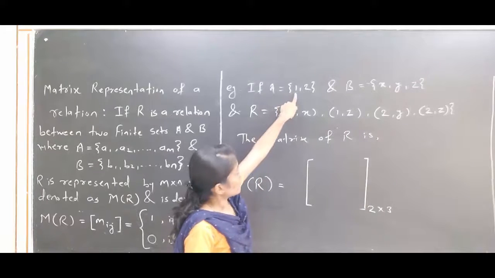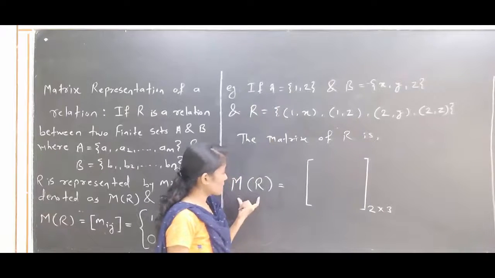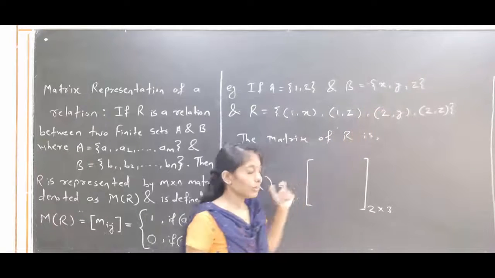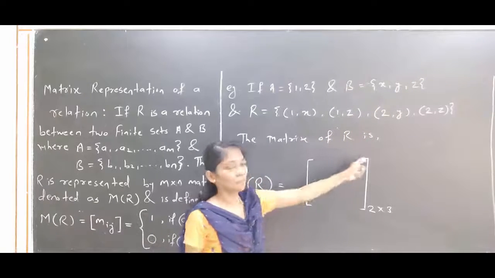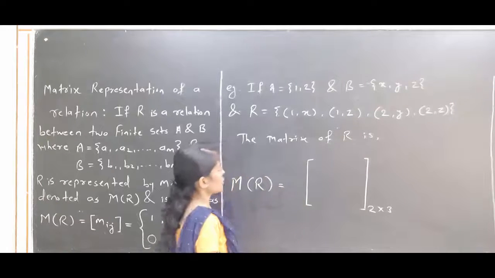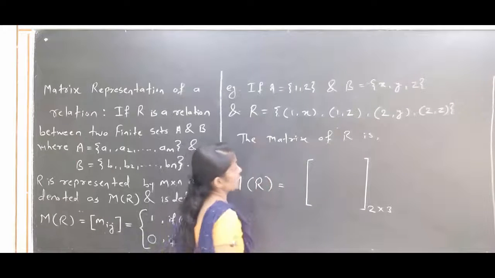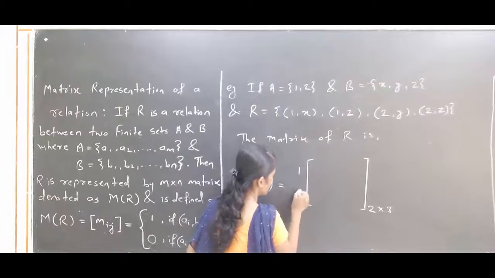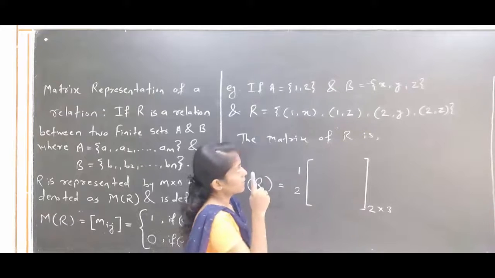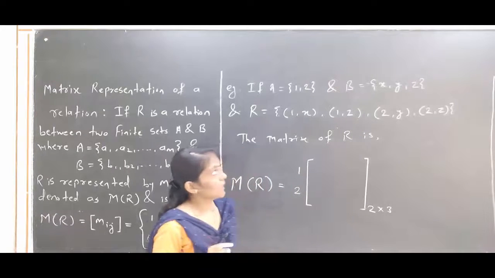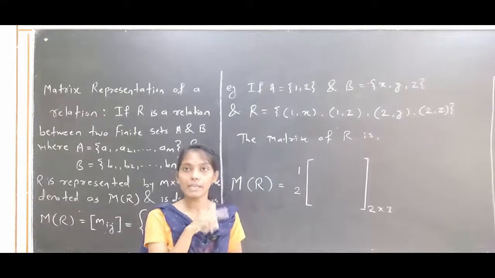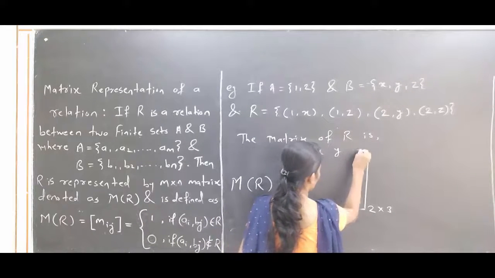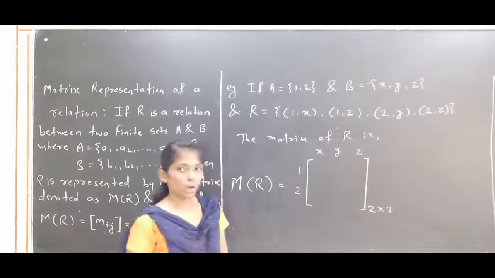Okay. So A contains 2 elements, so matrix M contains 2 rows. B contains 3 elements, so the matrix contains 3 columns. Okay. So now rows are represented by the elements of set A, so 1, 2, and columns, that is elements of set B, are represented by the columns X, Y and Z. Okay, all of you get it?